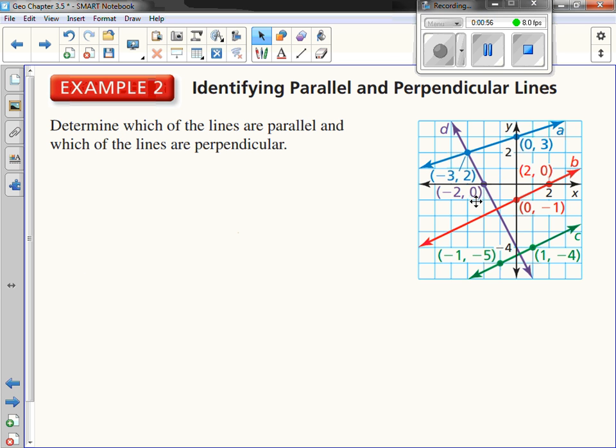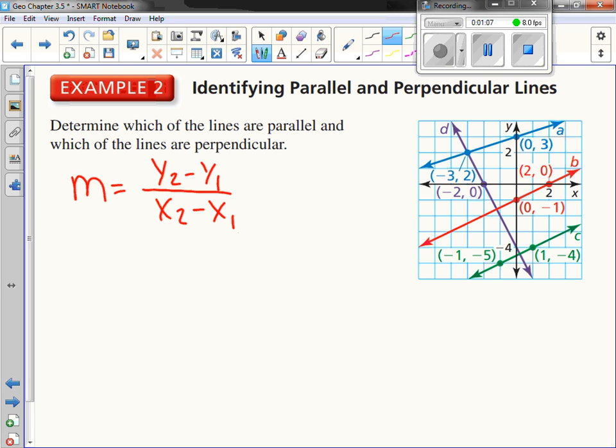Now, the equation for slope is rise over run, or y2 minus y1 over x2 minus x1, the change in y over the change in x.